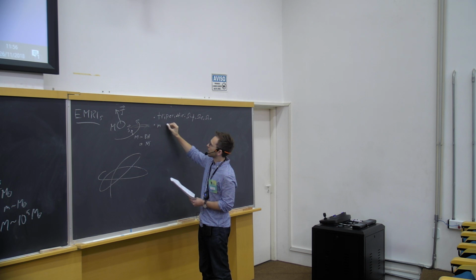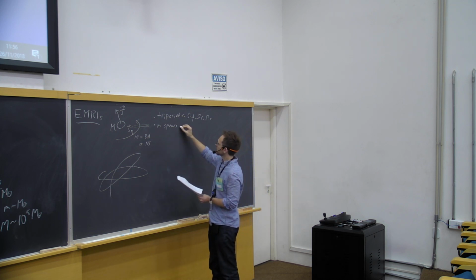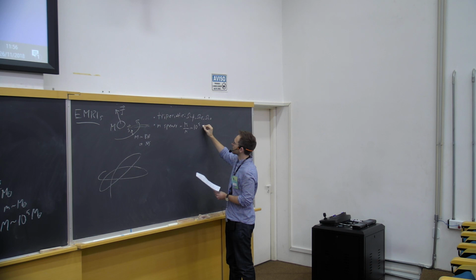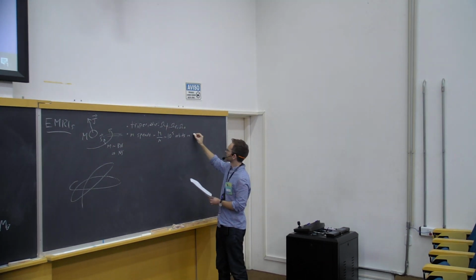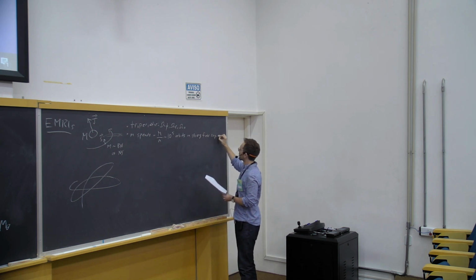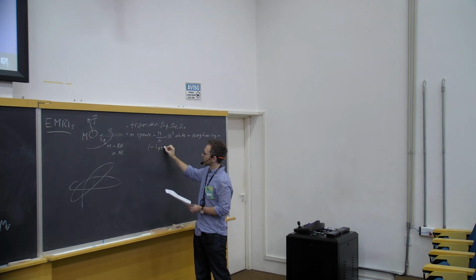Also, m spends a huge amount of time in these kinds of orbits before it actually plunges into the big black hole. Basically, the inverse of the mass ratio gives the number of orbits, so 10 to the 5 orbits, in the very strong field region right around the big black hole. That's typically going to be about 1 year of real time.